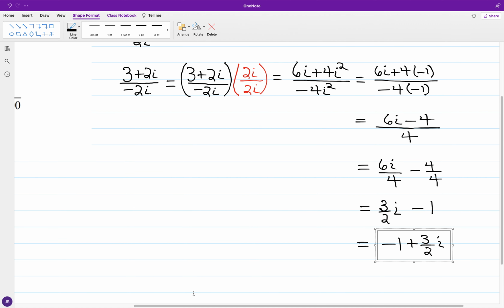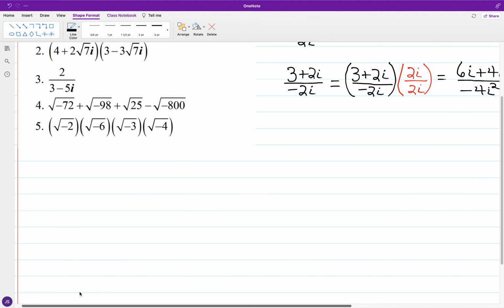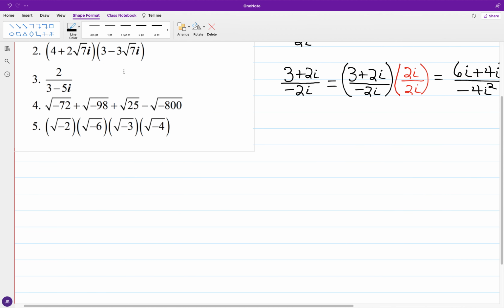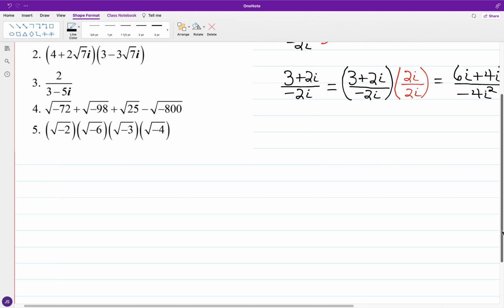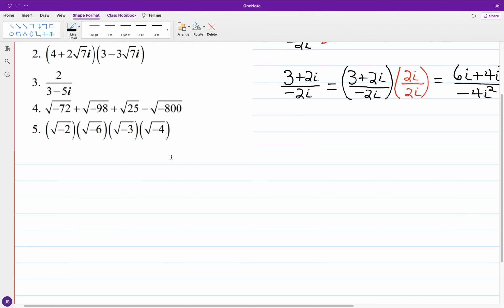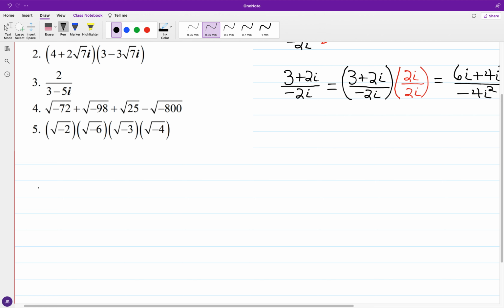Now for the next item, we're looking at multiplying complex numbers. In this setup we have the quantity 4 plus 2 times the square root of 7i, times the quantity 3 minus 3 times the square root of 7i.